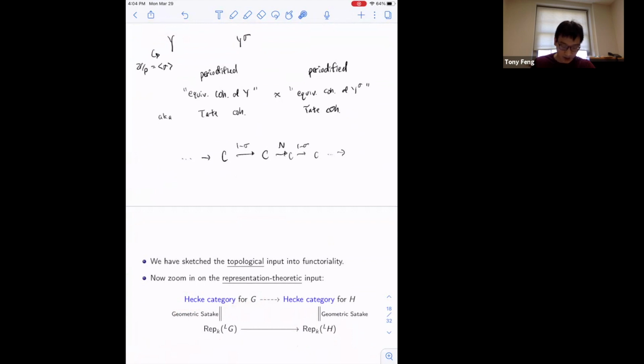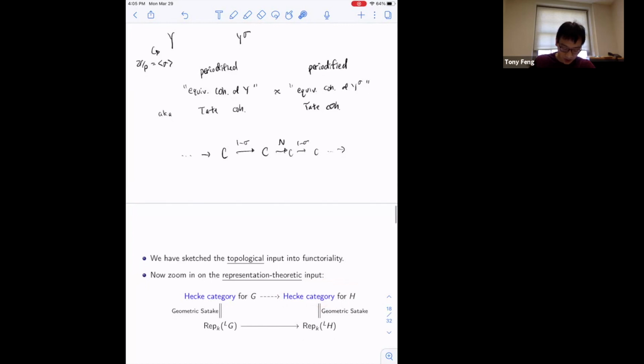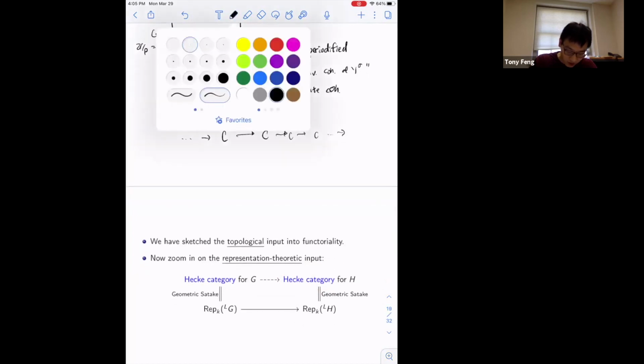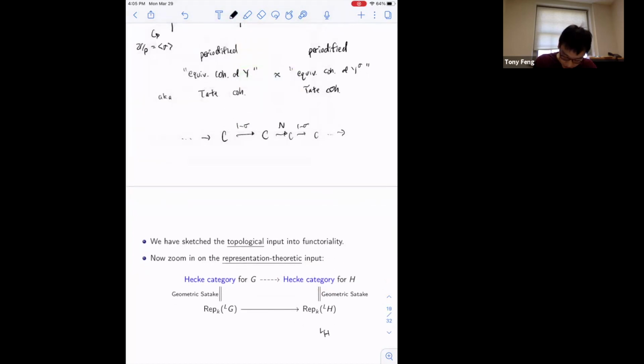We see this category incarnated as the Hecke category for G by geometric Satake, and we see the representations of the L-group as the Hecke category for H. So suppose you're given a map from the L-group of H to the L-group of G. If you want to really understand this map in the way that we're looking at things, you have to understand what this restriction functor looks like in this other incarnation as the Hecke category.